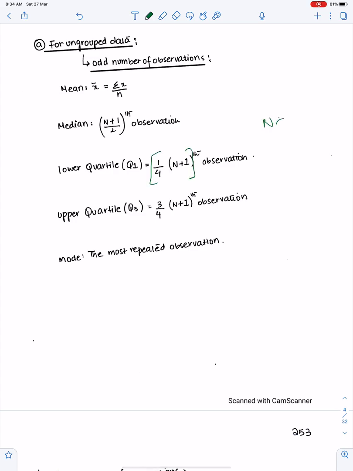You can write this as n plus 1 upon 4th observation in this way as well. Three upon 4 times n plus 1th observation.